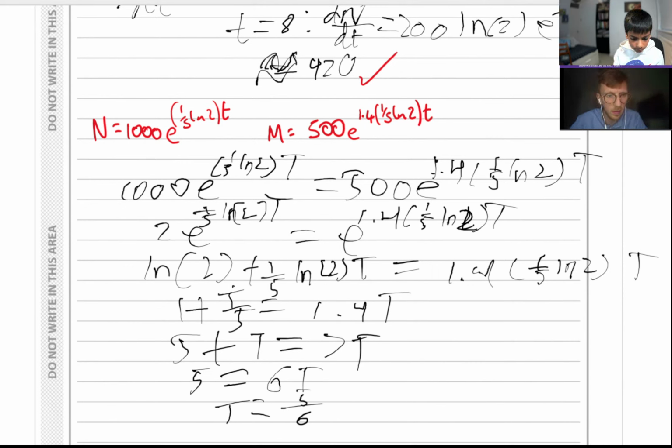Let's see where you made a mistake. So what did you do? So you took ln of both sides. Okay, so that'll be ln2 plus ln of e to the 1/5 ln2, which is just 1/5 ln2t.